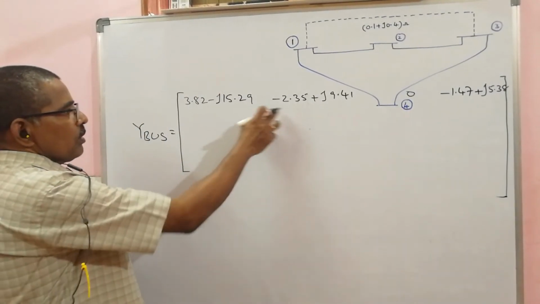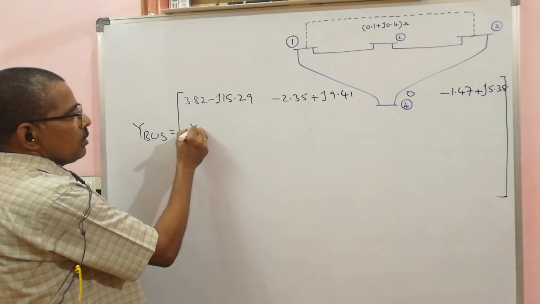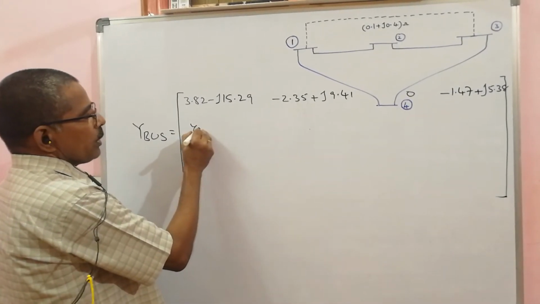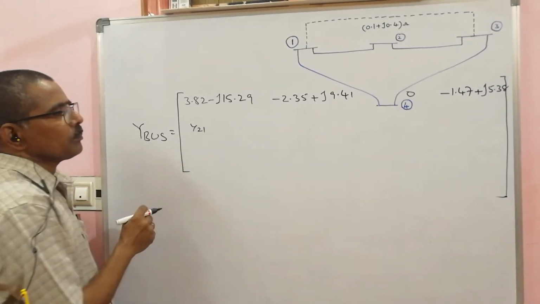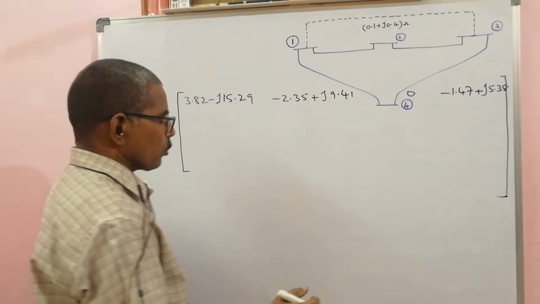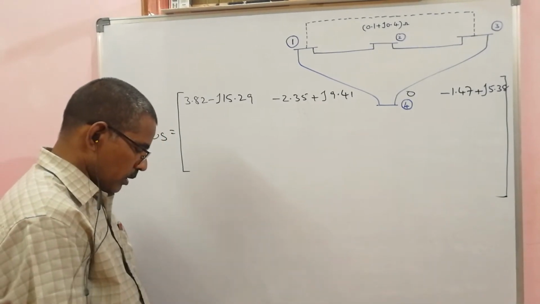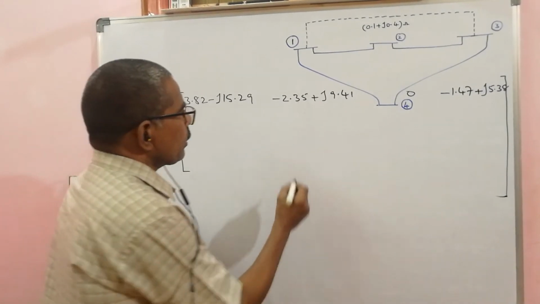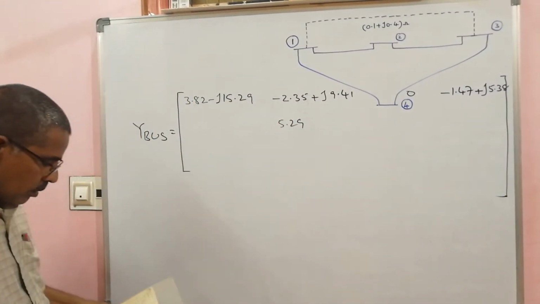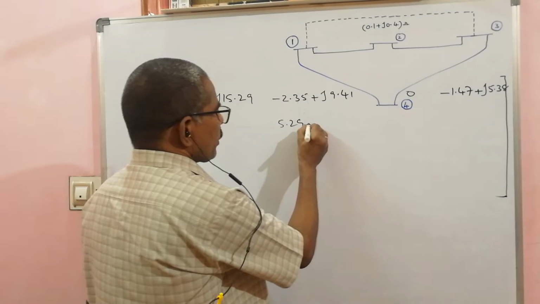Y22 is same as Y21, so I am directly writing Y22, which is 5.29 minus j 21.17.